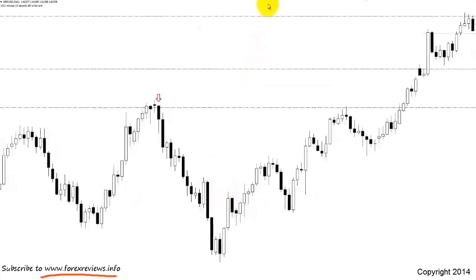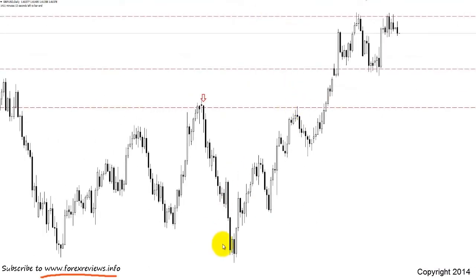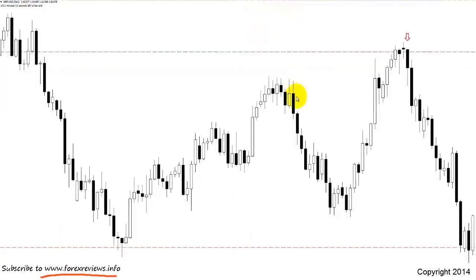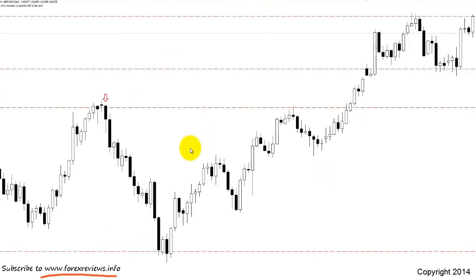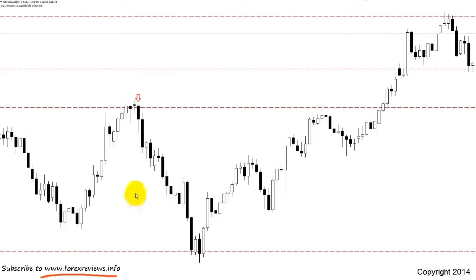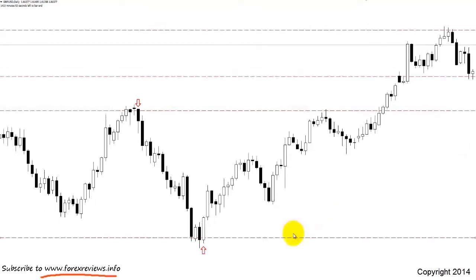We also know that this area here, as you can see, look left, was a major support zone. So when price came back here, it could give a really good bullish engulfing bit of price action.